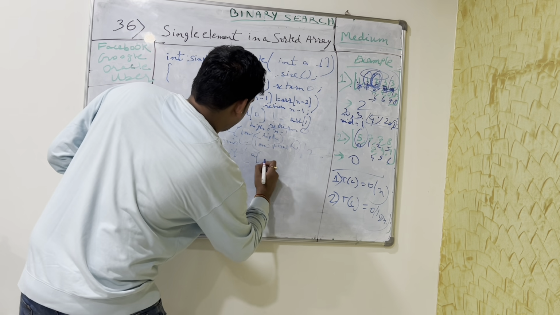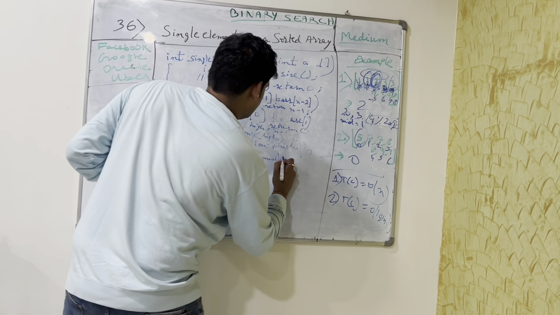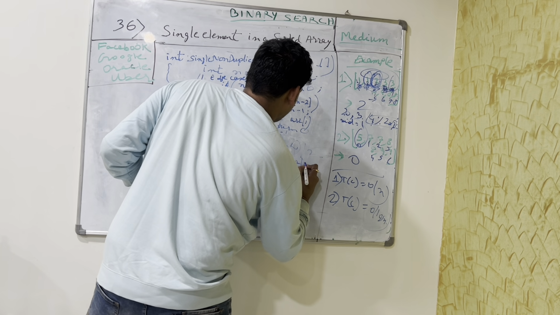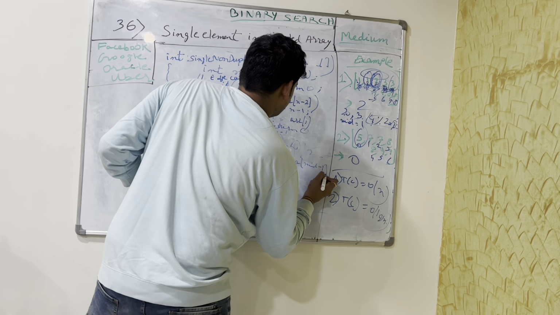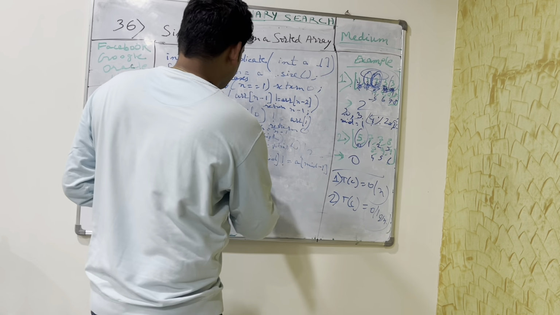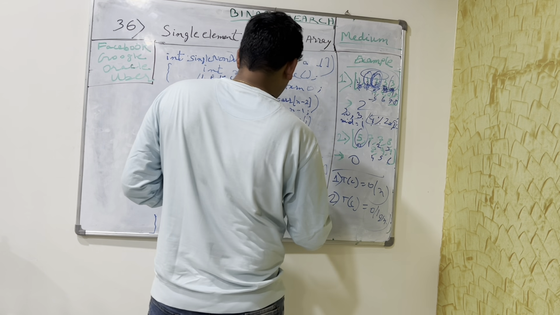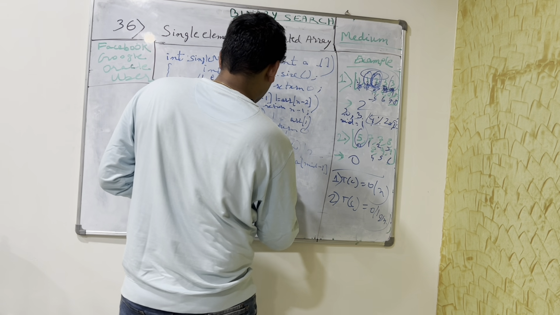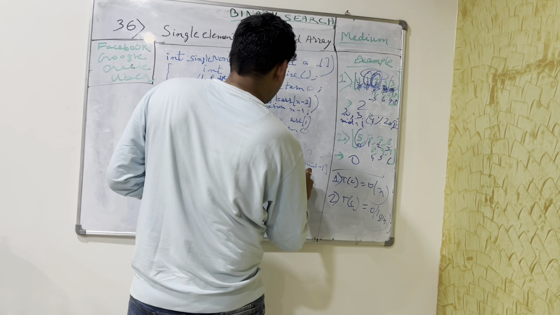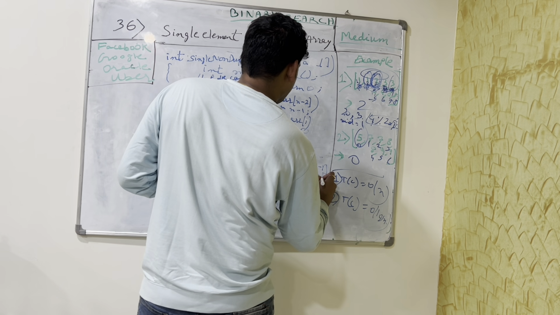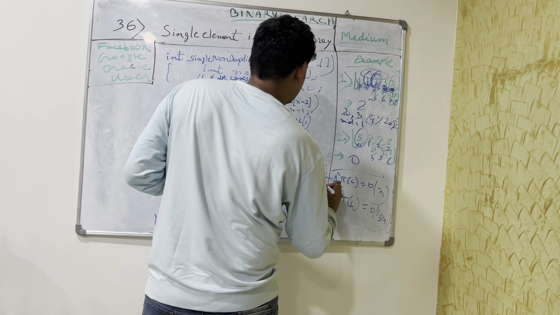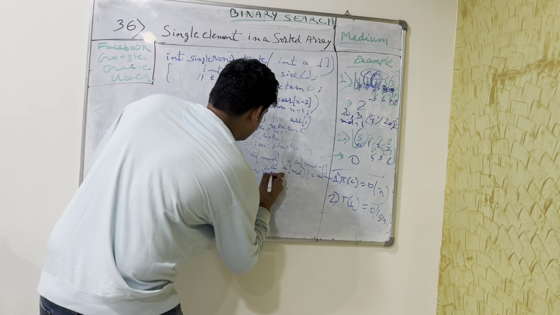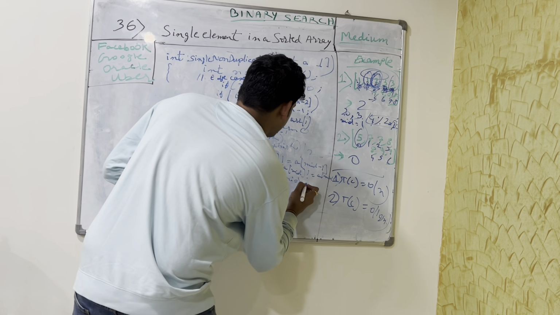If A of mid is not equal to A of mid minus 1 and A of mid is not equal to A of mid plus 1, that means return mid. That is the unique element.